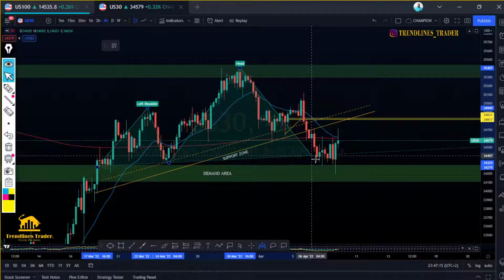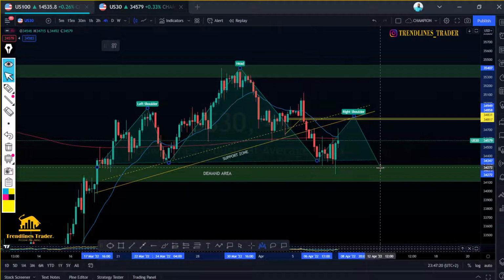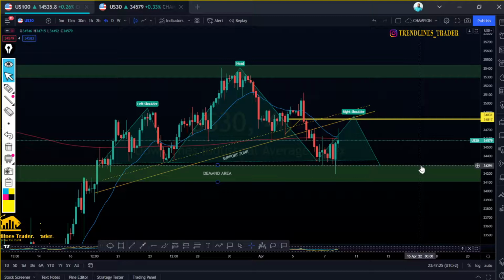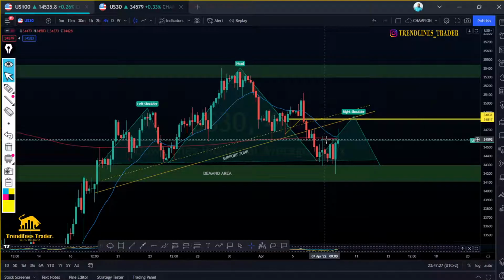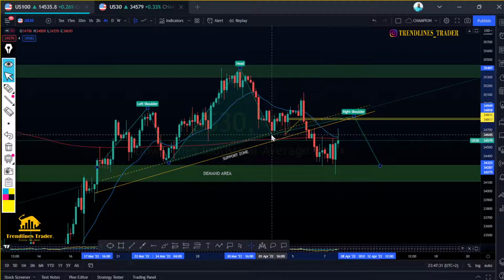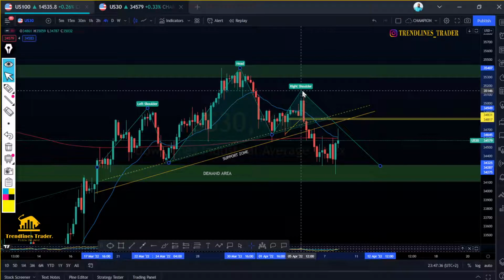We might also have to wait and see if we get this type of structure, the head and shoulders. If I'm not mistaken, this could be our structure right here. I hope this makes sense to you guys.